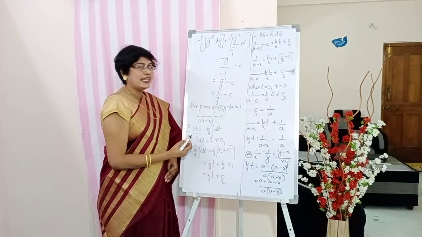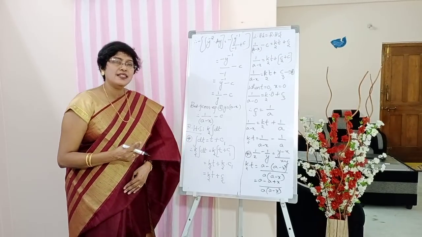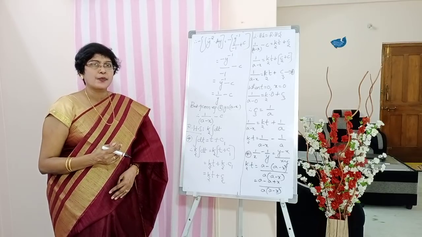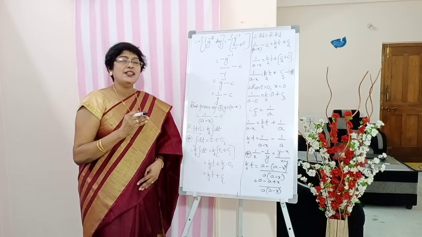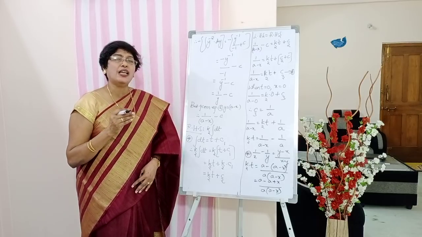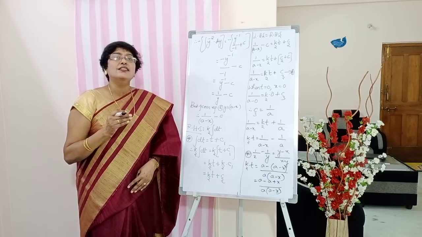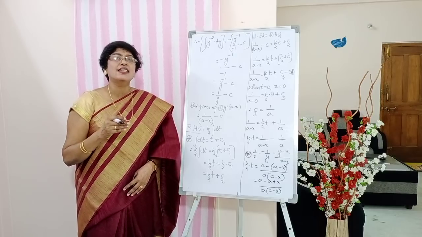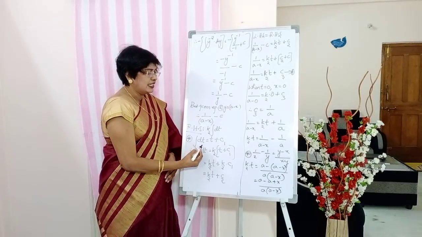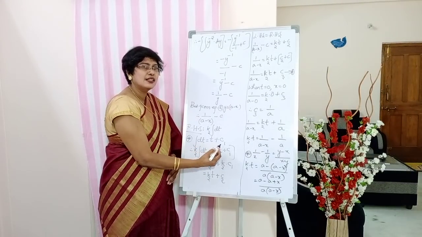Next, coming to the right hand side portion. Go back and check what was the right hand side portion: k2 into integral dt. Students, turn back the pages, go to first order kinetics, and check there. We have written integral dt as t plus constant. So the same here, integral dt is equal to t plus constant.